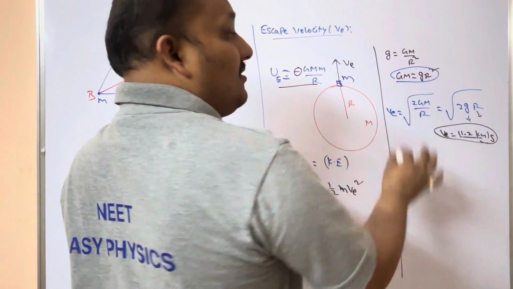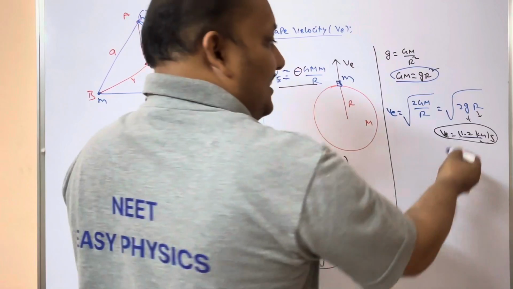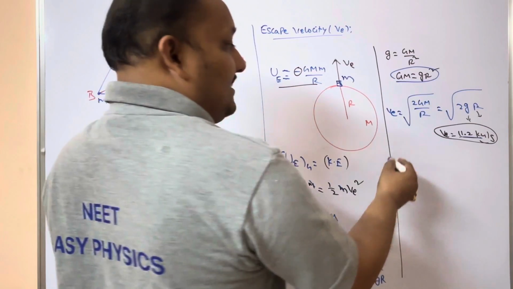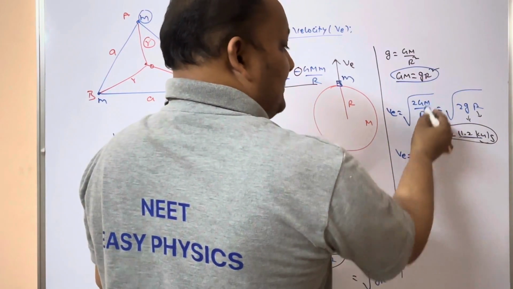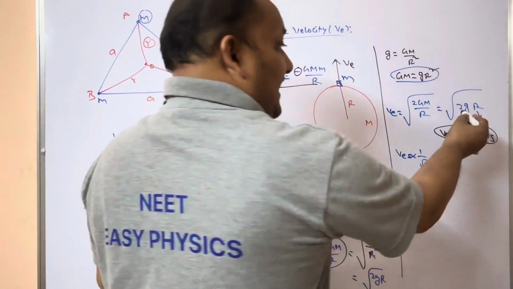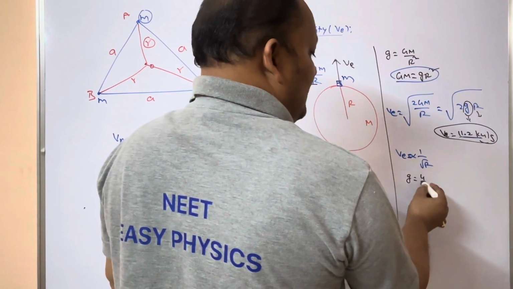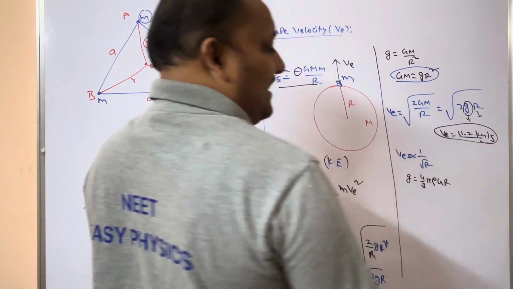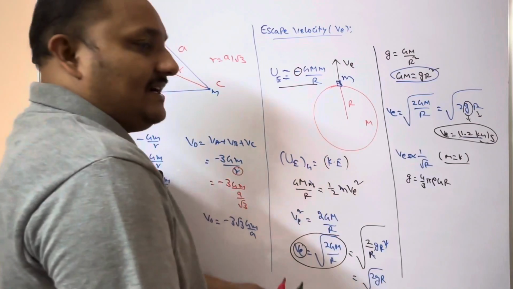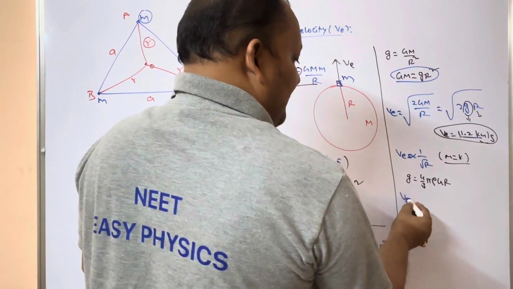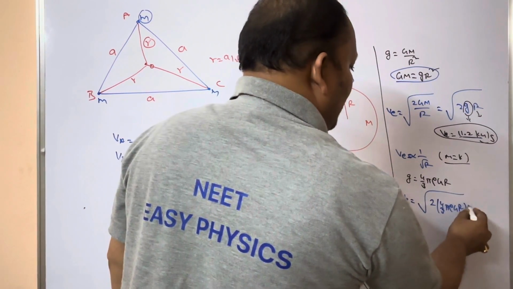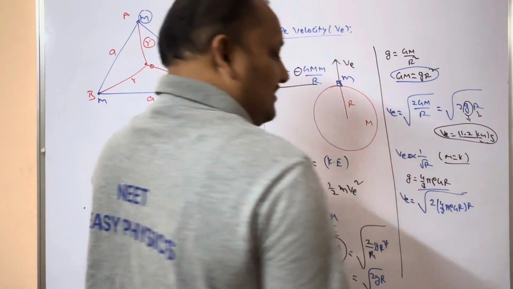In this topic, how they are going to ask the questions is very, very important. If small g is constant, escape velocity is directly proportional to root R. If the mass of the planet is constant, escape velocity is inversely proportional to root R. Again, small g can be written as 4/3 pi rho G capital R. So if the density of the planet is constant, escape velocity can be written as root 2 times 4/3 pi rho G capital R into R. In place of small g, we wrote this.